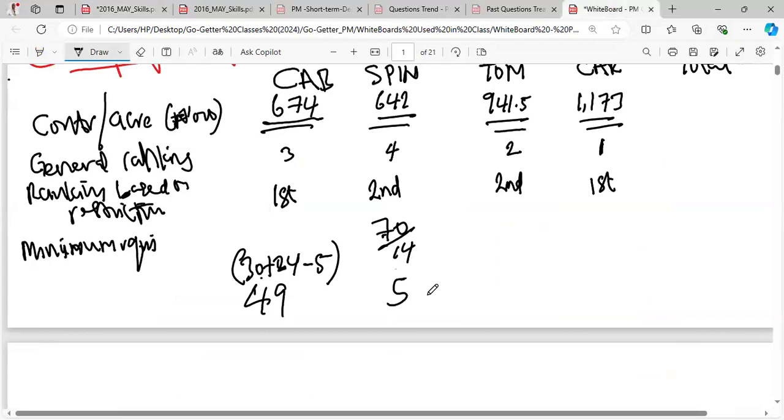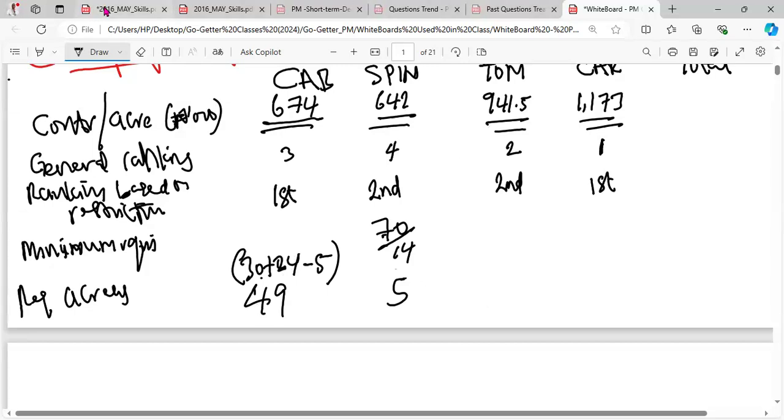So I will just come here and say this is required acres, 5 here, the minimal. Then the rest of the acres will be occupied by cabbage. So there is 30 plus 24 minus this 5, because 30 plus 24 is everything. Since you have given 5 to spinach, 49 will naturally be for cabbage.